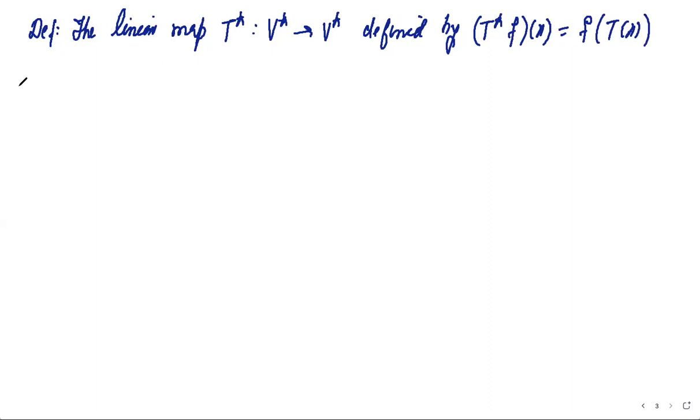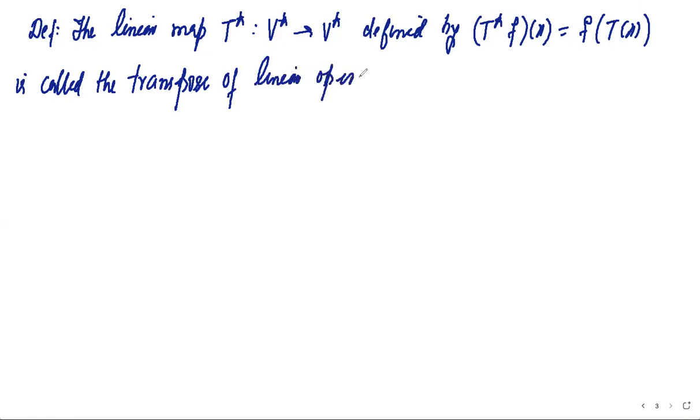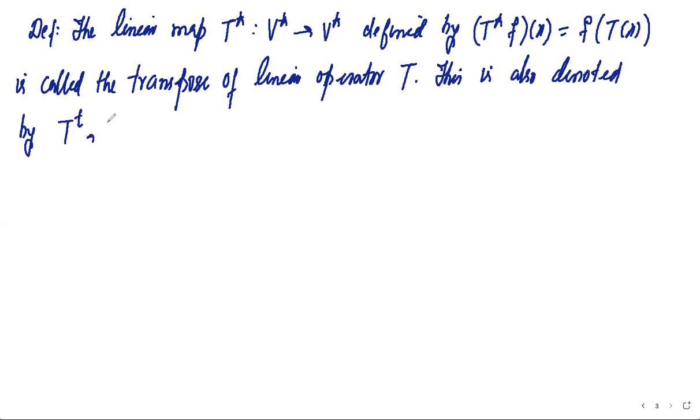Now this mapping is called the transpose of the linear operator T. Most of the time it is denoted by T star, and this is also denoted by T transpose, read as the transpose of T.